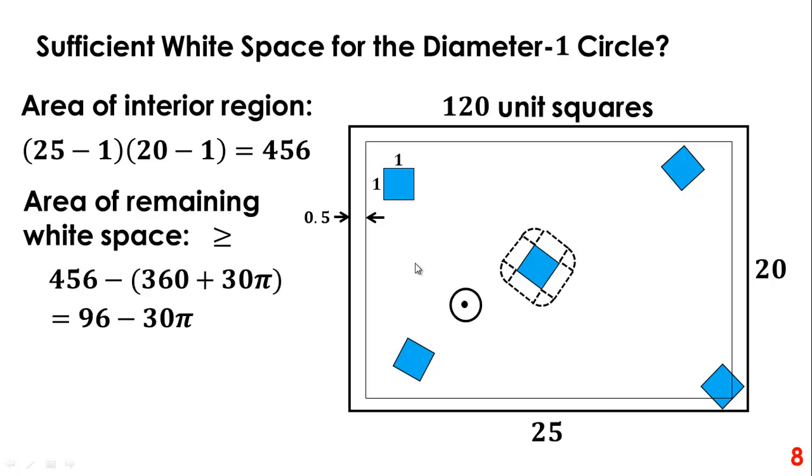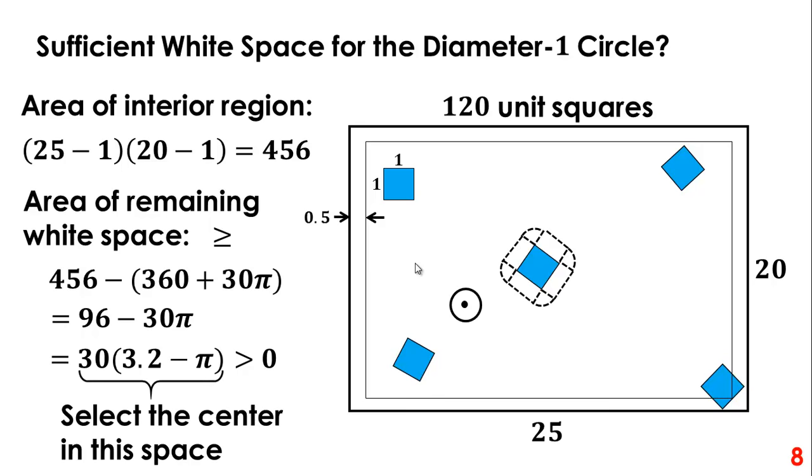So next, simplify. 96 minus 30 pi. We want to see, is this number greater than 0? So we still have a small amount of white space. Factor 30 out. We get, in the parenthesis, 3.2 minus pi. We know it's a positive number. Pi equals 3.14 something, so definitely 3.2 is greater than pi.